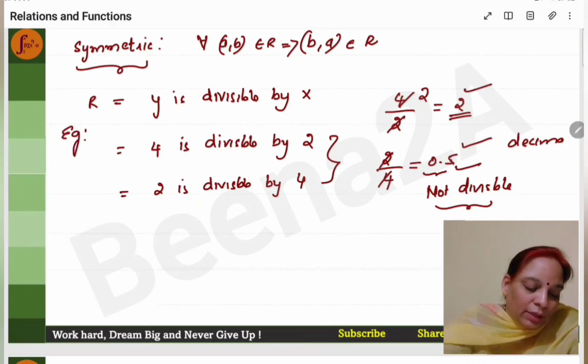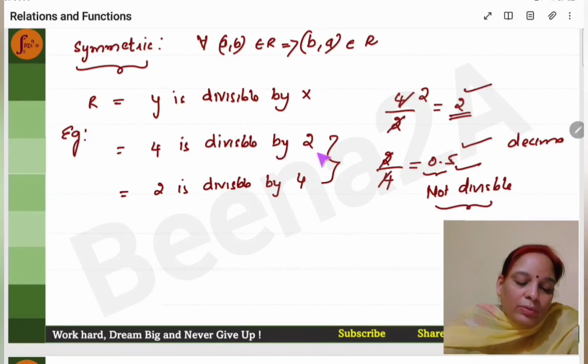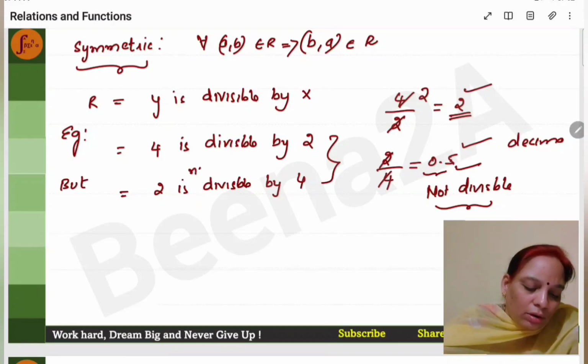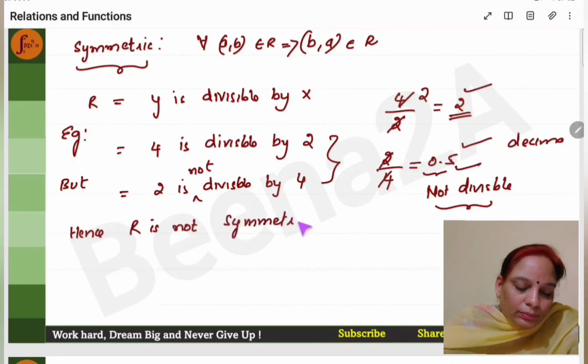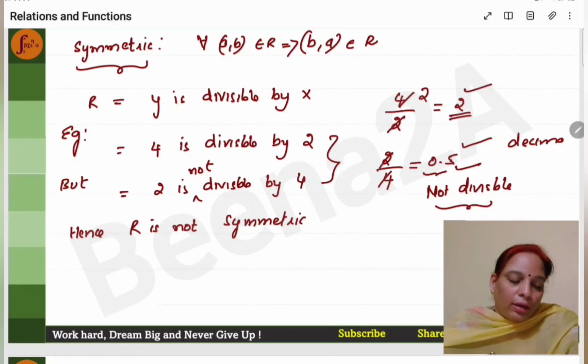I'll take this as an example. 4 is divisible by 2, but 2 is not divisible by 4. Hence, R is not symmetric. Right? How should I write?